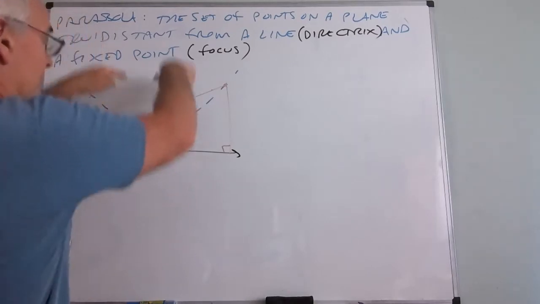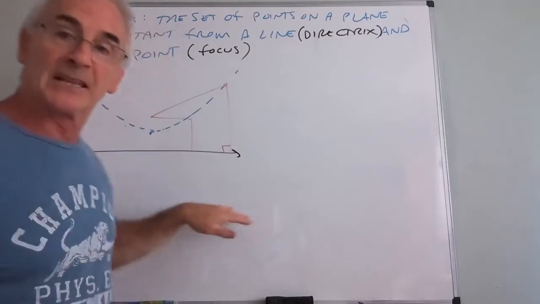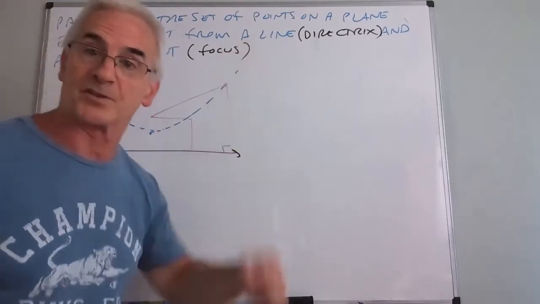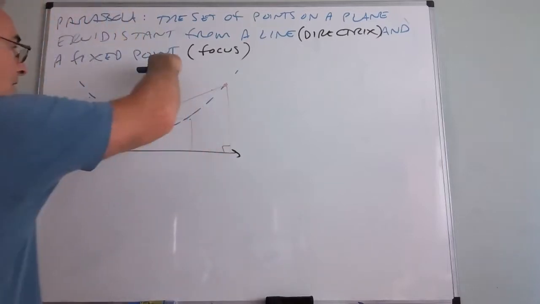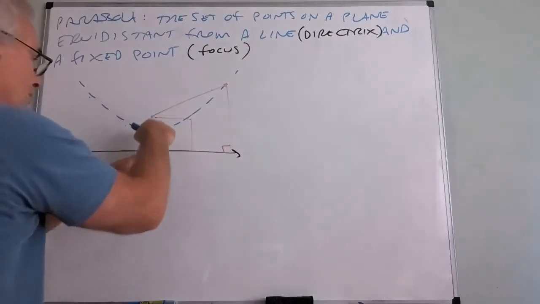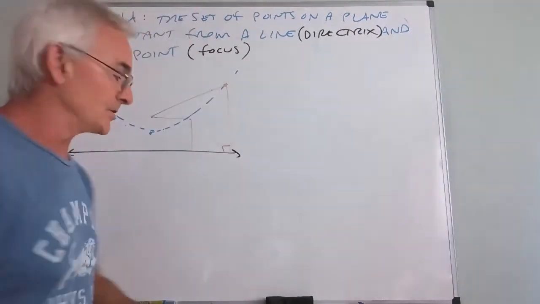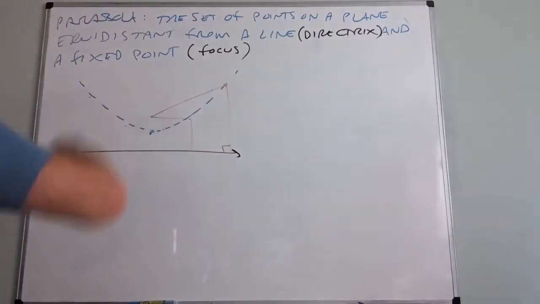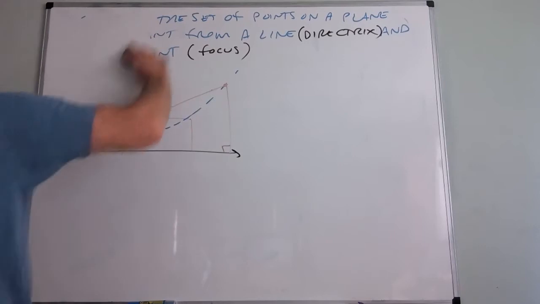I can make the parabola skinnier or flatter by moving the focus. In fact, leave the line alone and just move the focus up and down. Does that make sense? If I move the focus really close, it's going to be way skinnier. We're going to show that in a moment. So what we'd like to do is use that information to figure out how to come up with the equation of the parabola.